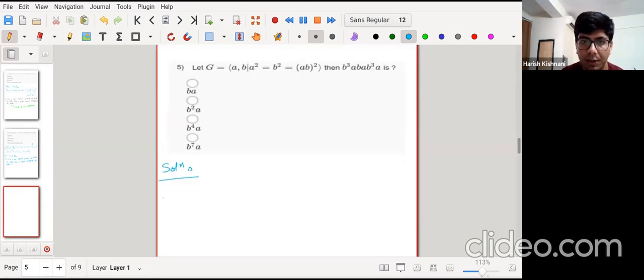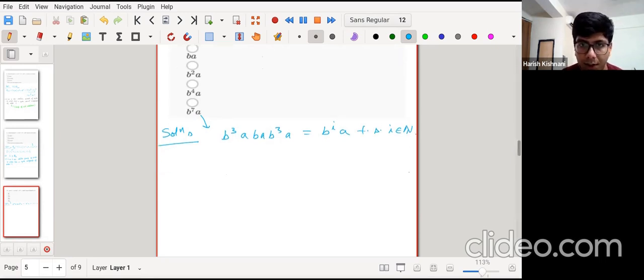See, at least from the given options, it is clear that the correct answer is of the form b raised to i times a, for some i a natural number.